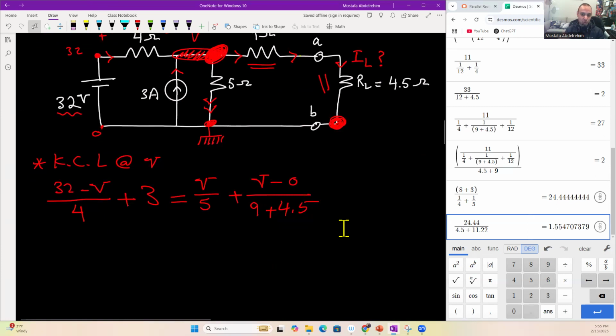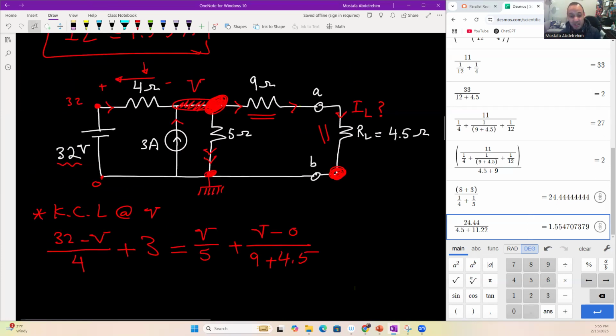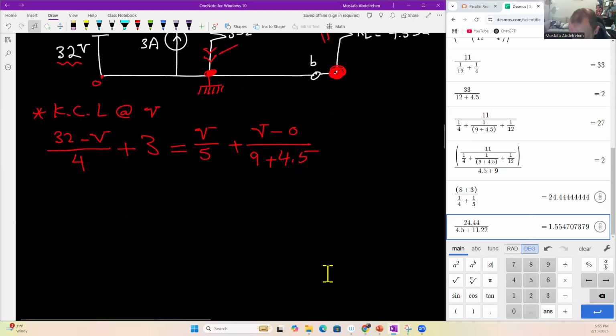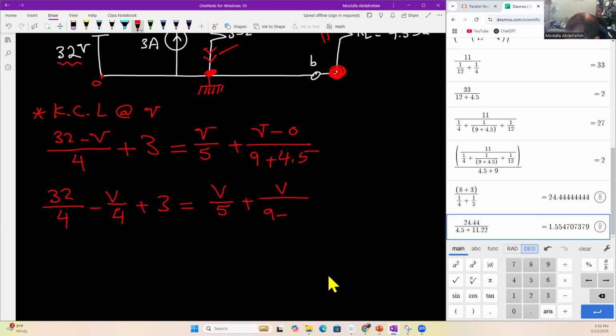You can also combine RL and the 9 ohm because they are in series. You can combine them into one resistance, and it will be in parallel with the 5. Good. Now this equation has only one unknown. So 32 divided by 4 minus V divided by 4 plus 3 equals V divided by 5 plus V divided by 9 plus 4.5.